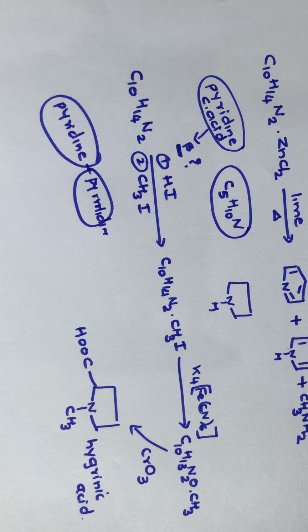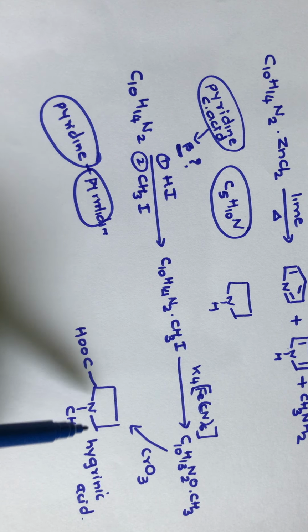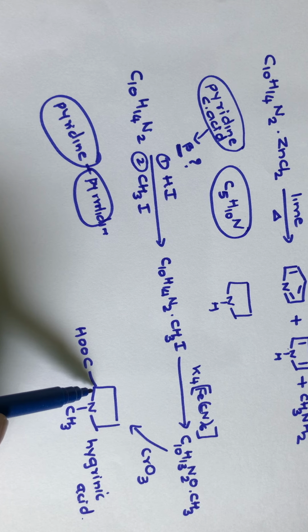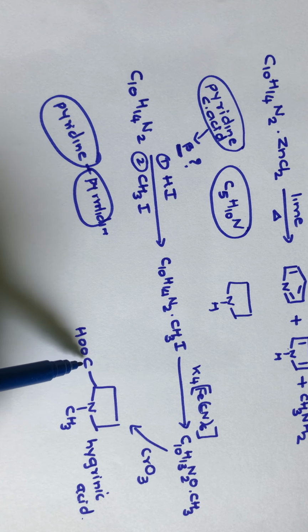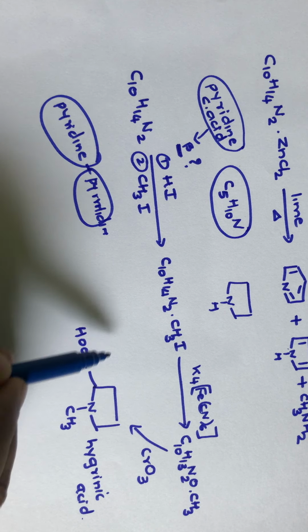In this reaction, pyridine gets oxidized. When pyridine gets oxidized, a COOH group is present at this position. That means at this position only the pyridine nucleus should be present.